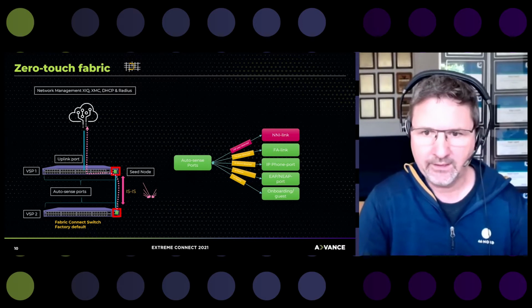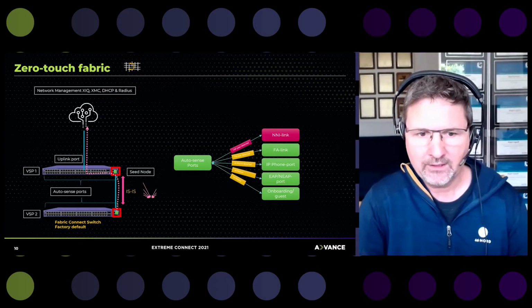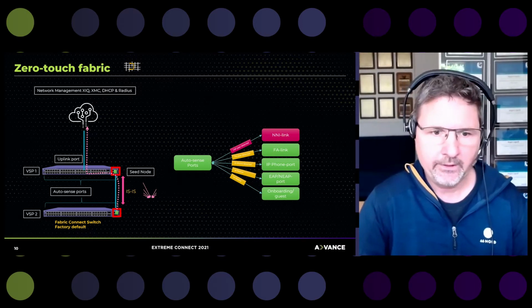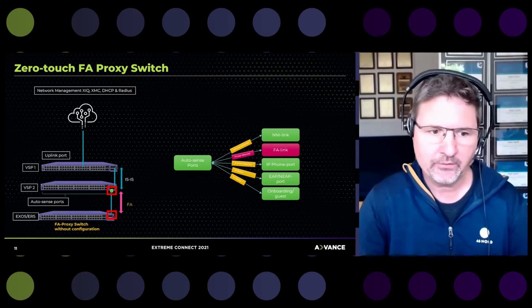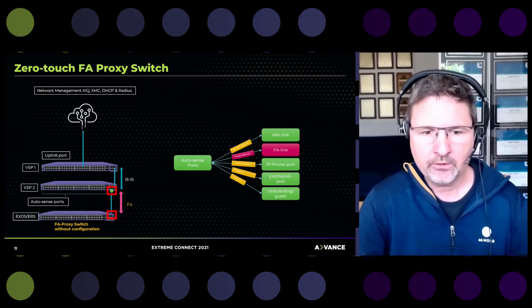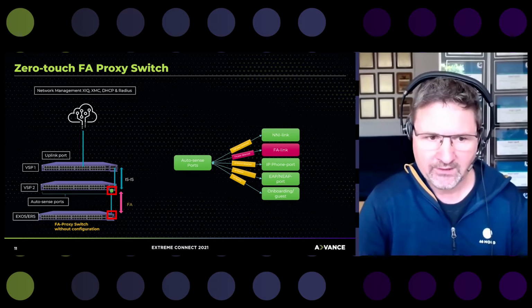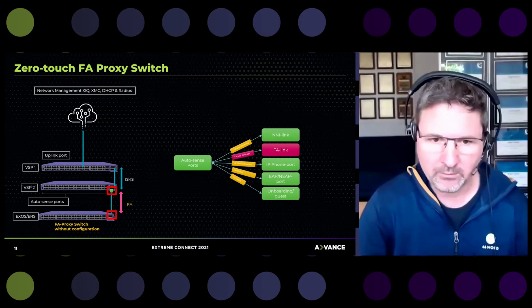Now let's look at the next device. Let's say we're connecting a fabric attach capable switch. It could be an EXA switch, an ERS switch. The Autosense ports would detect, oh, this is a fabric attach capable device.